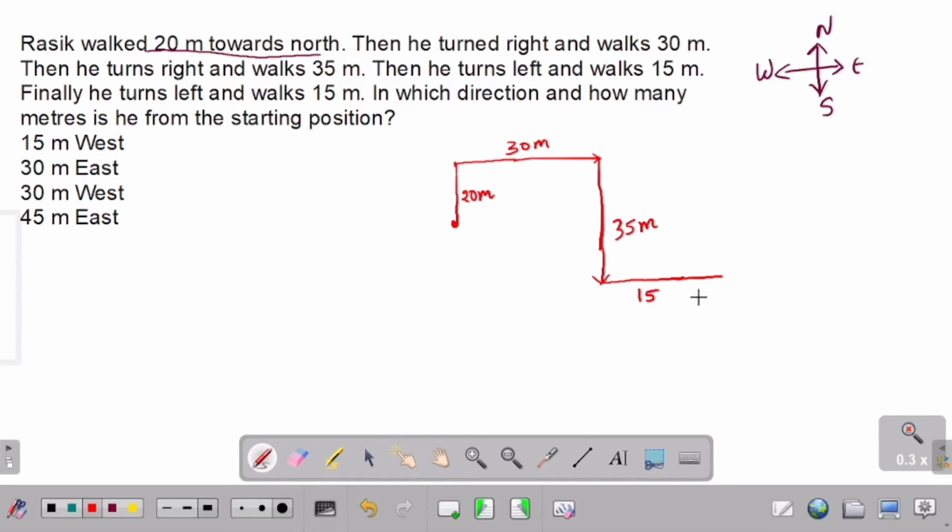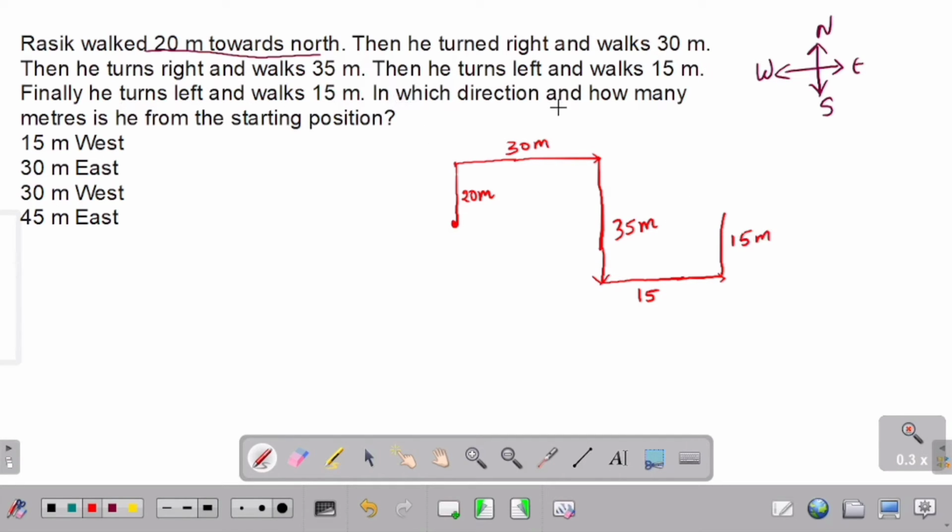So he is in this direction. What is the left for him? Left is this side. Yes or no? So how much did he walk now? Again he walked 15 meters.